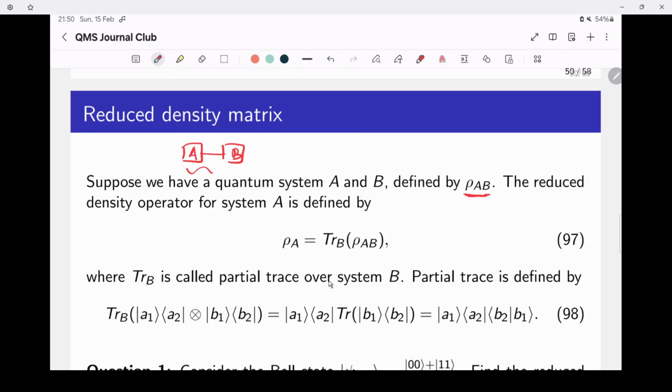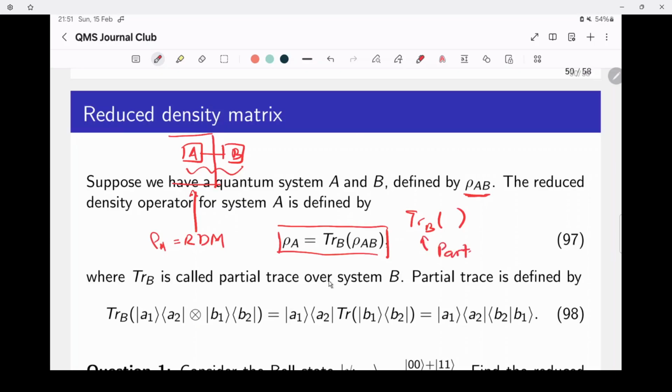You have the joint quantum state, but now you just want to look at the quantum state for subsystem A. This is what we call the reduced density matrix, and it is given by this particular formula. So rho A will be the reduced density matrix. And whenever you see the trace over B, this is what we call the partial trace.